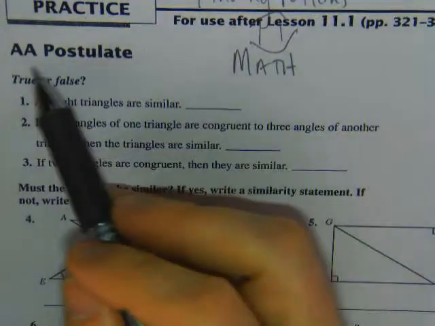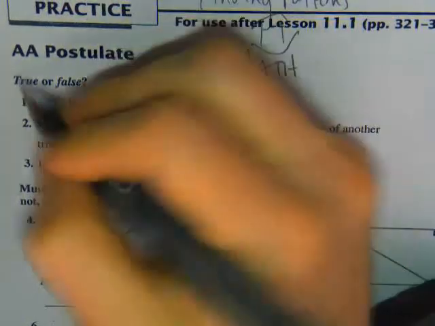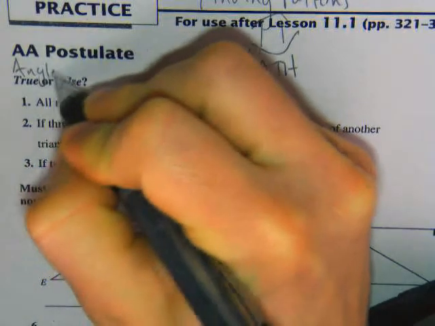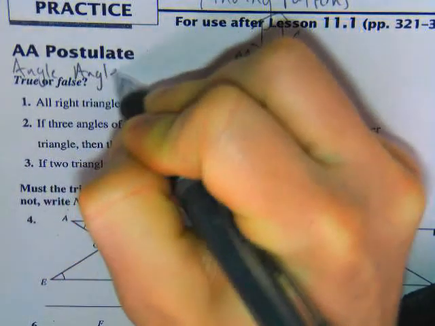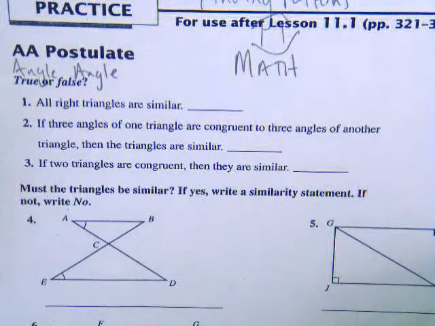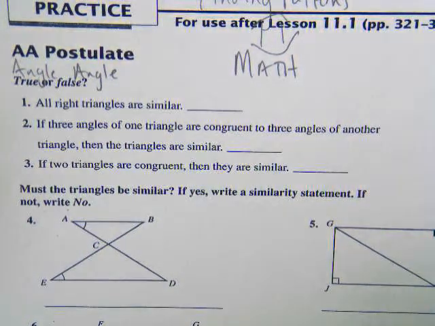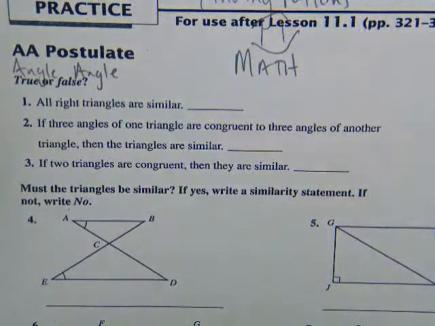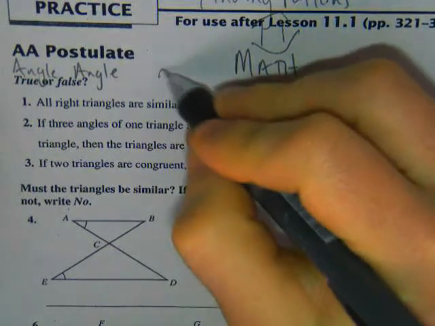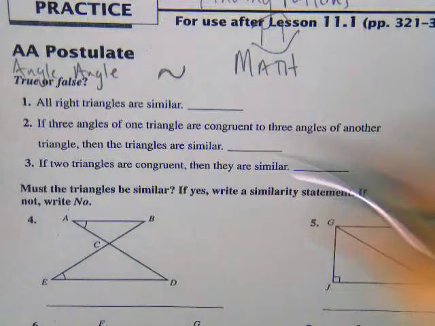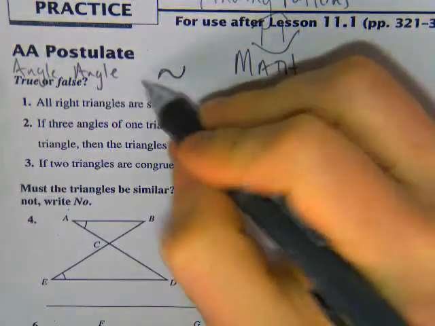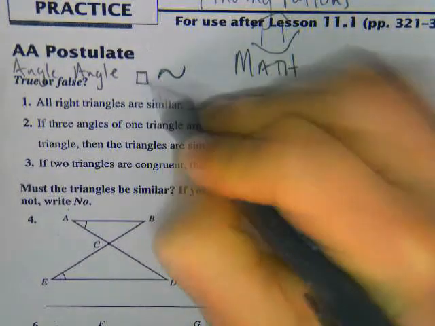AA is angle. Okay, and we did a little bit of similarity before, but similarity is this kind of situation, and it's where you've got a shrunk or enlarged version of the other thing.